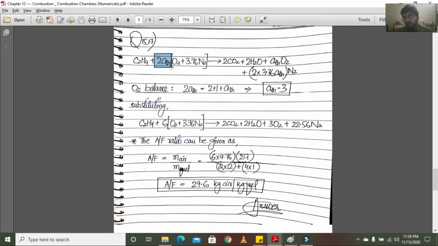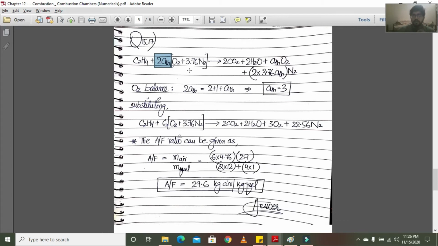It means that we will have 2 times ATH. 1 times ATH means the theoretical amount of air, and 2 times ATH means we have 200% of the theoretical air, or 100% excess air, meaning the additional amount of air which is being provided for the combustion process.